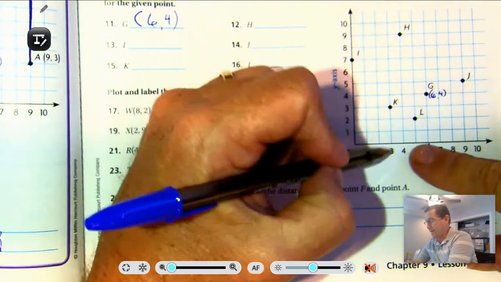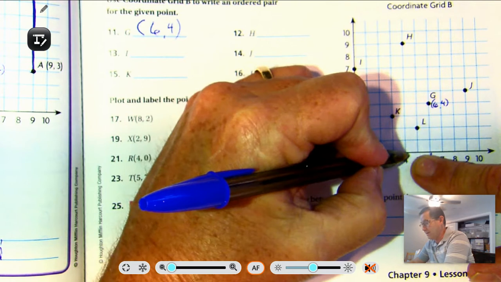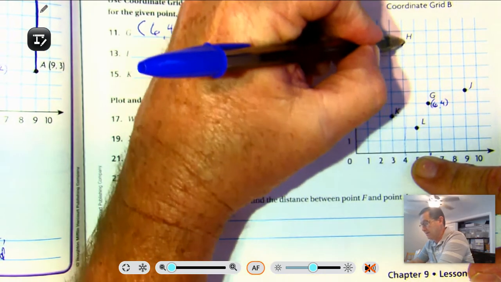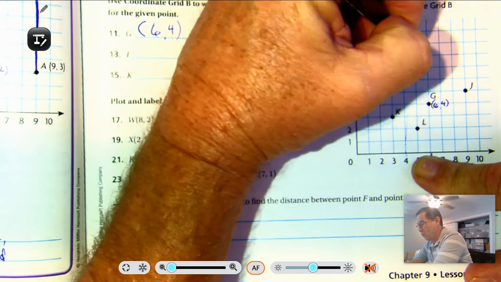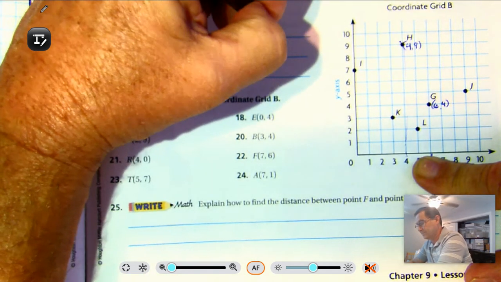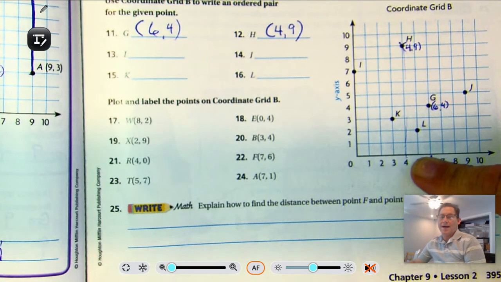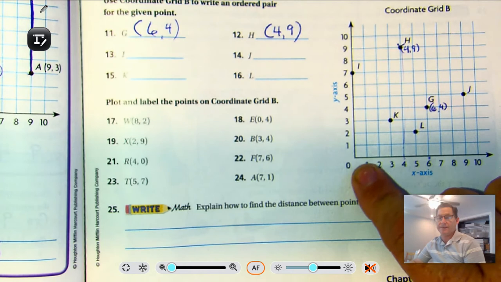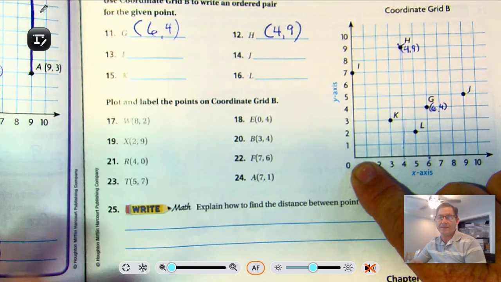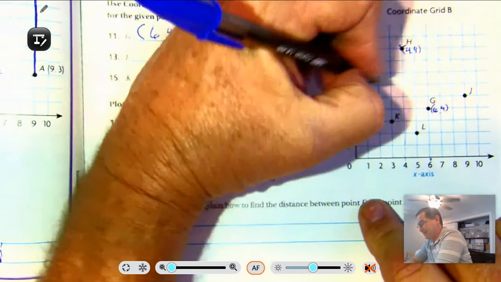H. H is located at the 4. Okay, go over 4 and up to 9. So 4, 9. Point I. Point I is at the 0 along the x-axis, so it didn't move any distance away from the origin along the x-axis, but it did go up 7.